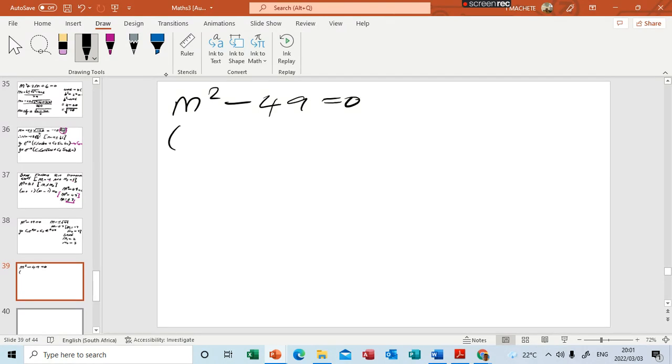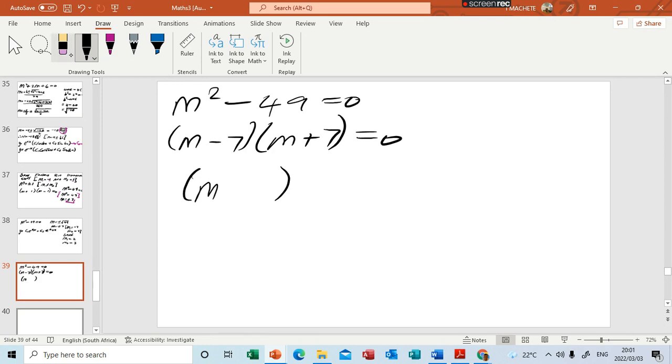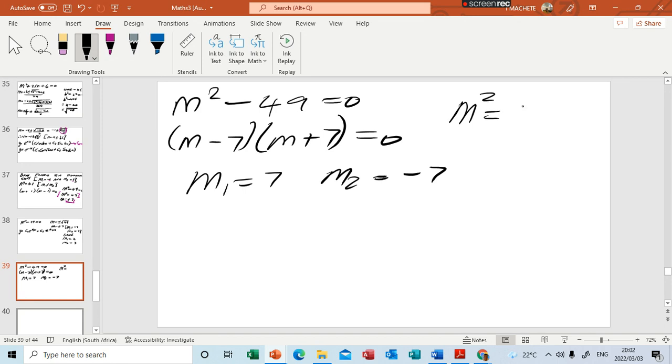What are the factors? Then you say m1 equals 7 and m2 equals -7. So it's the same as m equals, you take 49 to the other side, and the moment you introduce the square root, you get plus or minus the square root of 49.